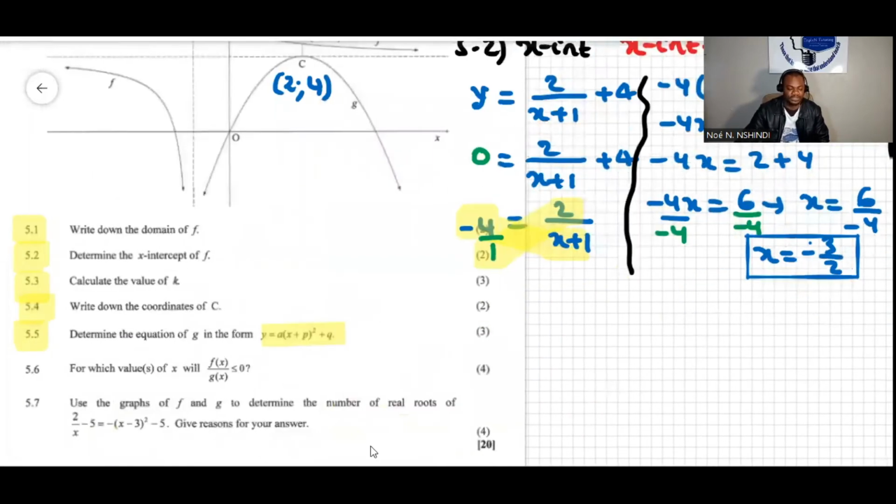Question 5.6. The question says that for which value or values of x will f of x over g of x be lesser than or equal to 0? So let's see.